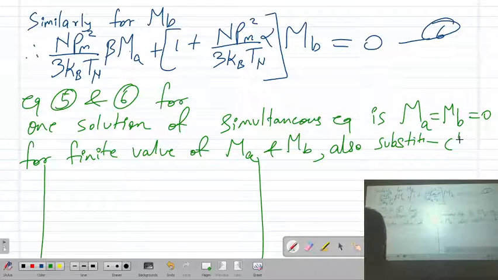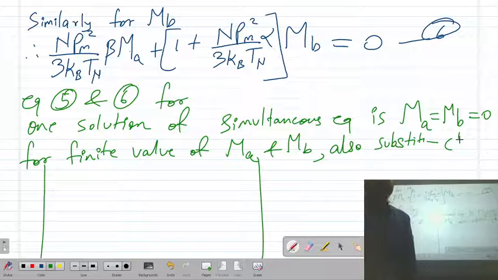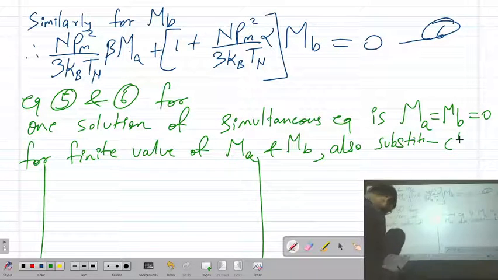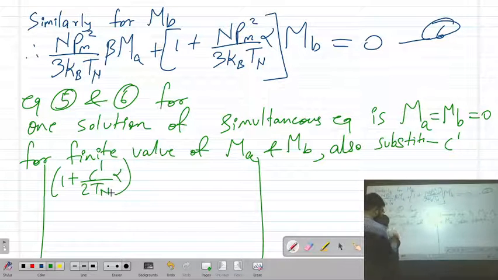Remember, C dash is nothing but 2 T of m square by 3k beta T. Substituting that value, we will have 1 plus C dash by 2 T of N alpha.